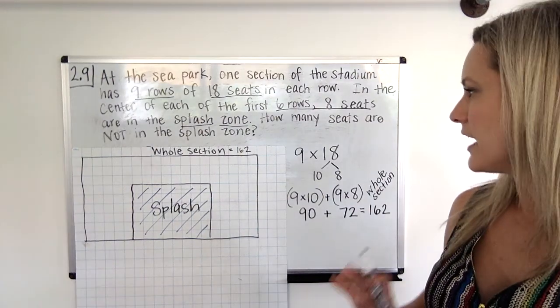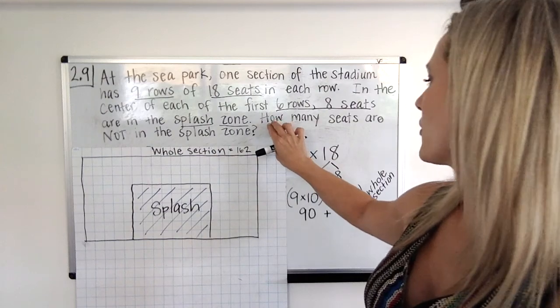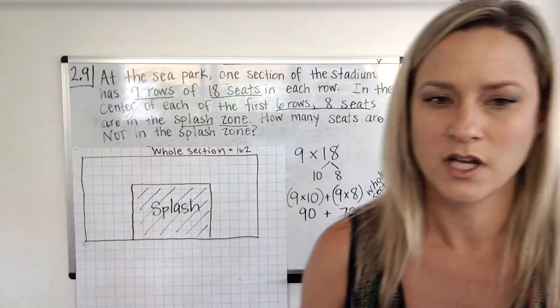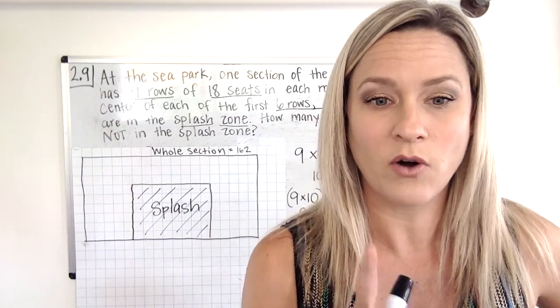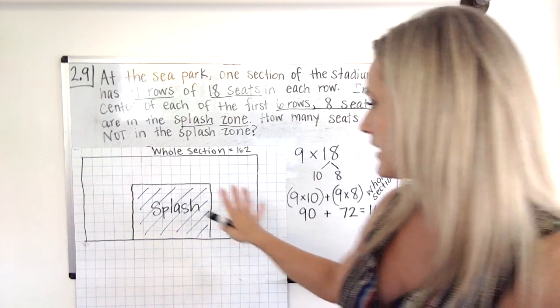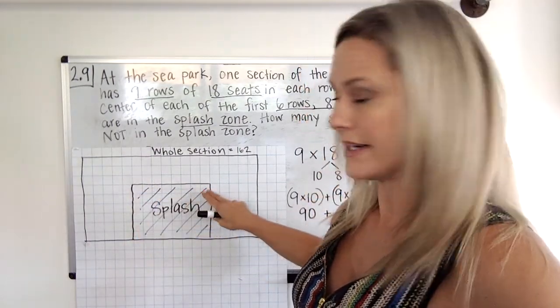All right, now I'm trying to figure out what this is because the question is how many seats are not in the splash zone. So now we've got to take out all of the seats that are actually in the splash zone. So I think I'm just going to take this out, and I remember that it's a 6 by 8 array.